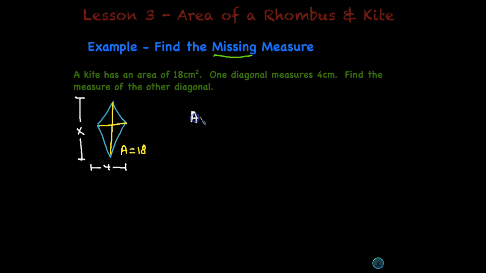Well, the first thing I always do is I write the equation. So we have diagonal 1 times diagonal 2 divided by 2. And then we just fill in the information that we know. What's given? The area is 18. Plug that in for A. We do know one diagonal is 4, so we'll plug that in for that diagonal, and then we're just left with only one variable here.